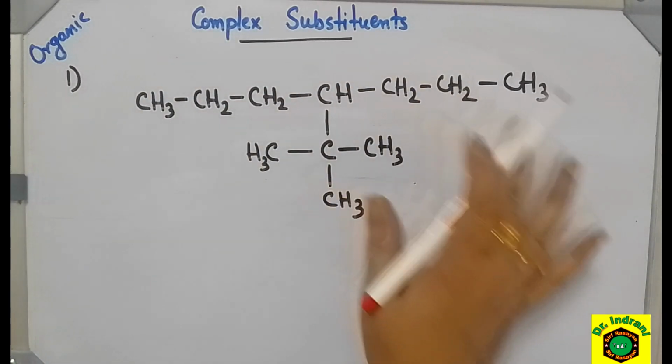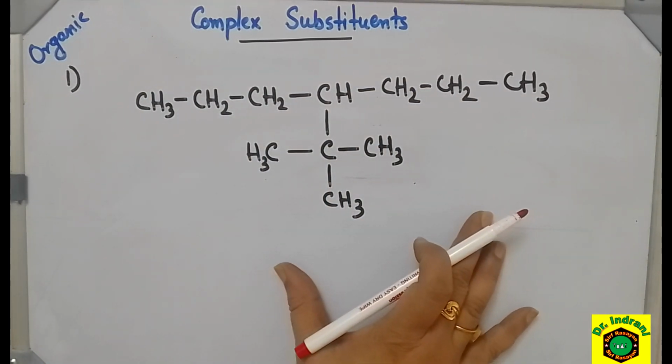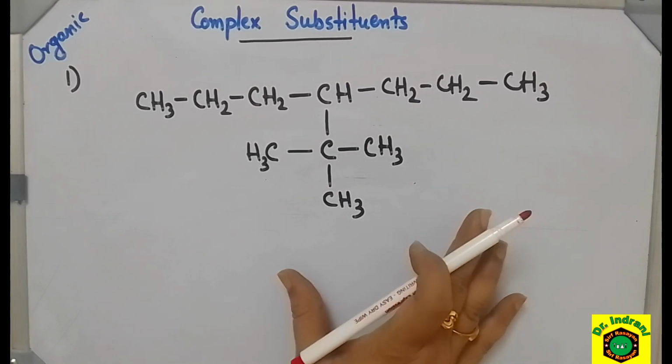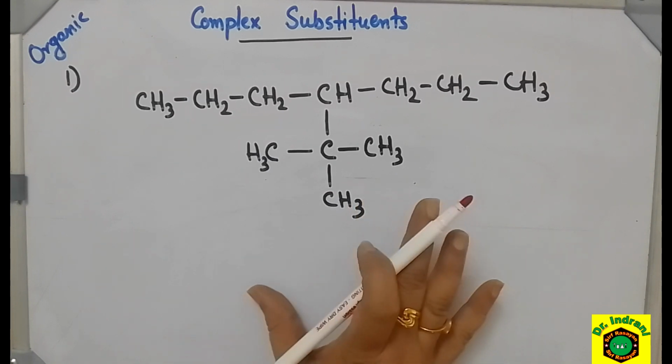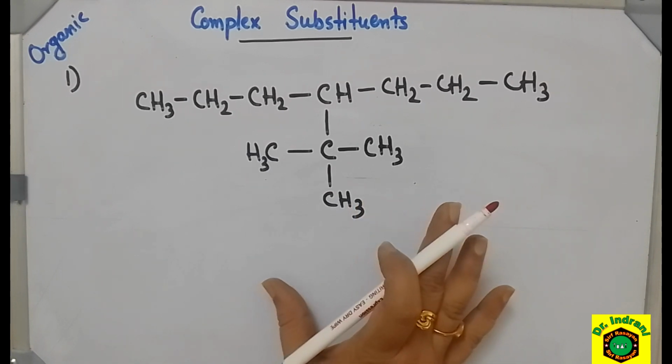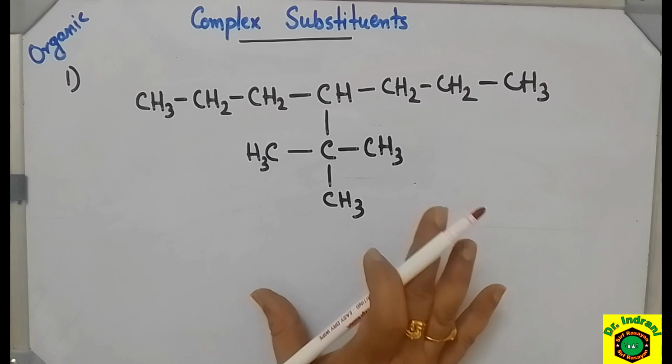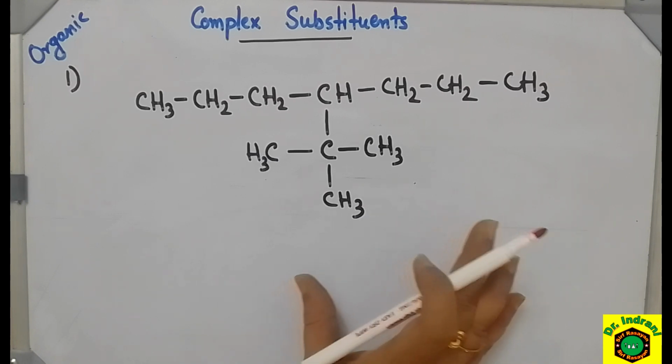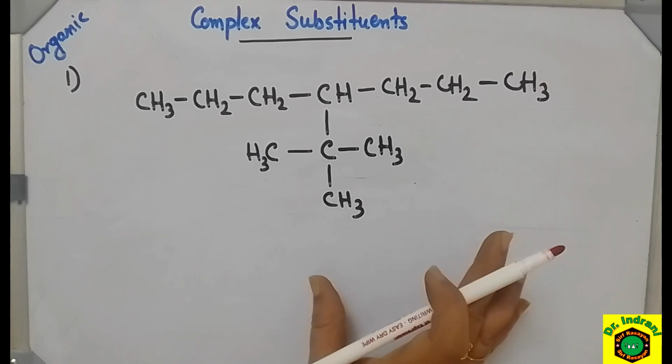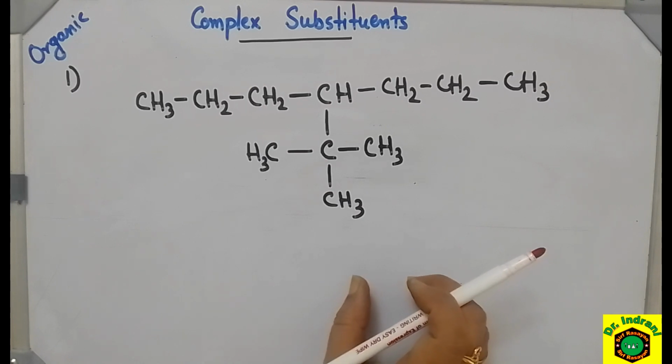Now see, what is the IUPAC name of this compound? For that, first you have to select the longest carbon chain. If you are getting two longest carbon chains of equal length, then to select the parent chain, you have to check the number of substituents attached to it. The longest chain with the maximum number of substituents is the parent chain.